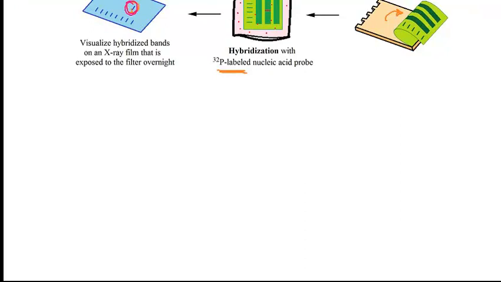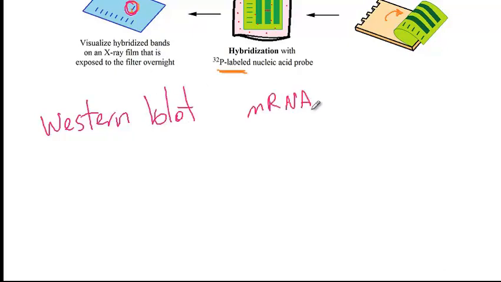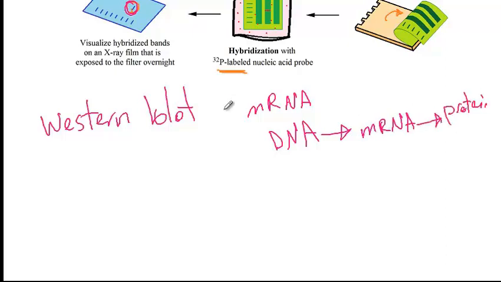Now, another way to confirm that our experiment has been successful is to use Western blot. And this is actually preferred over Southern or Northern blot, because with those techniques we just confirm that DNA or mRNA is present. And so if DNA is present, how do we know that it's being successfully transcribed and then successfully translated into protein? Same with Northern blot.